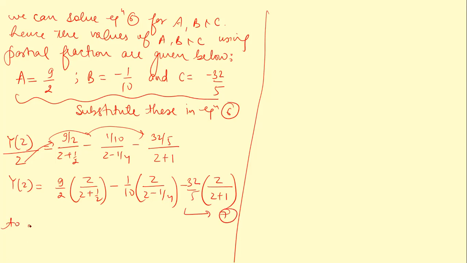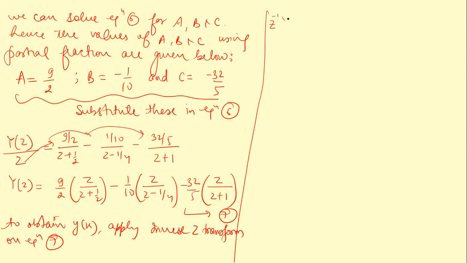So to obtain yk, apply inverse z transform on equation 7. So inverse z transform of yz will give you yk.